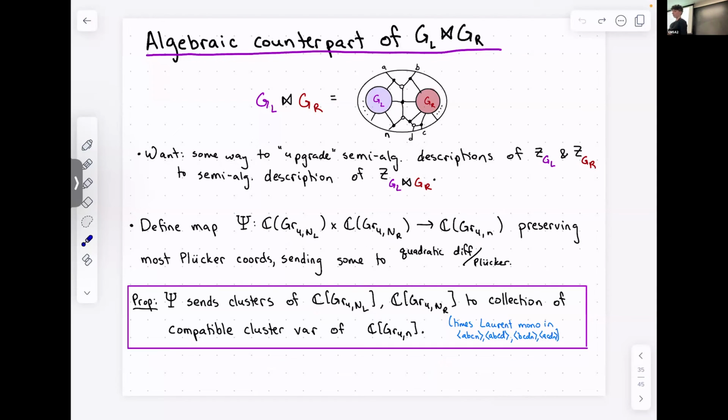Okay, so we've got this map psi. It comes from some previous physics considerations. We didn't cook this up on our own. It really comes from what the physicists were doing to compute the BCFW recursion. And we can show that it behaves really well with respect to the cluster structure.